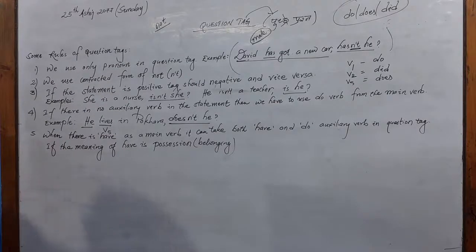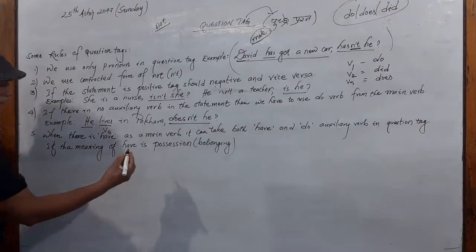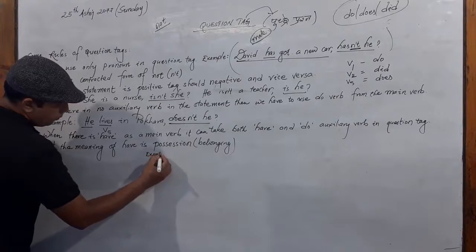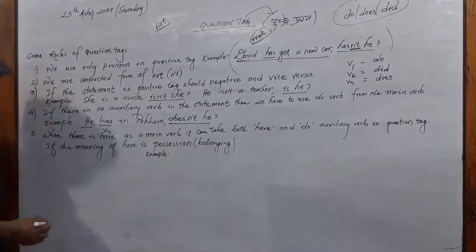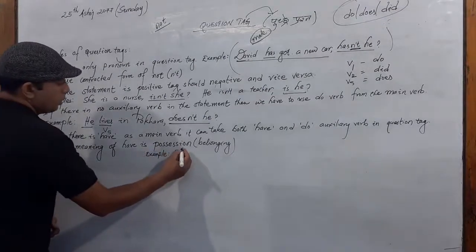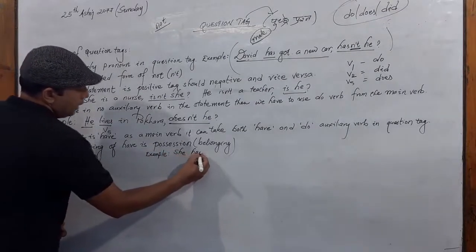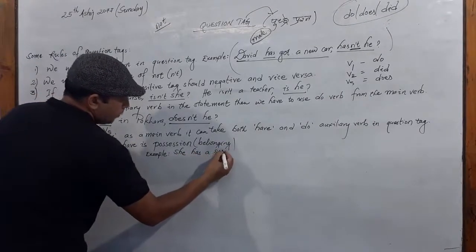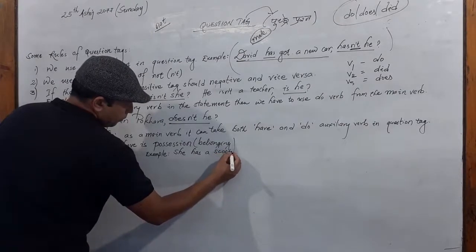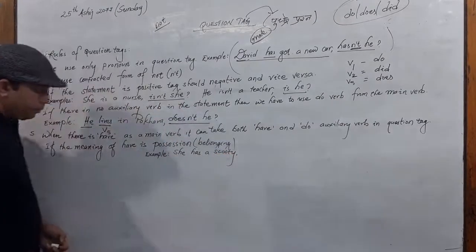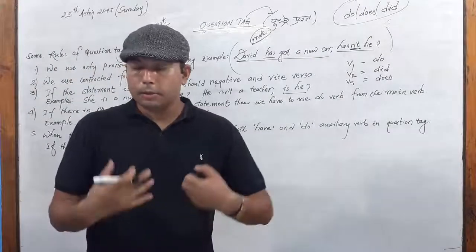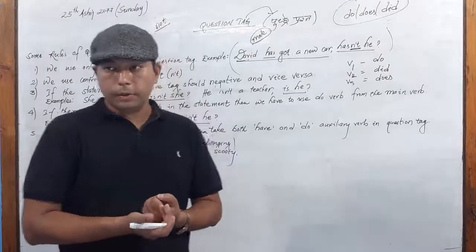Then at that time, for example, let's say, she has a scooty. Okay, उसको आफ्नै स्कुटी हो. पोसेसन means it is belonging, कसैको अधीनमा रहनुलाई चाहिँ पोसेसन भनिन्छ.